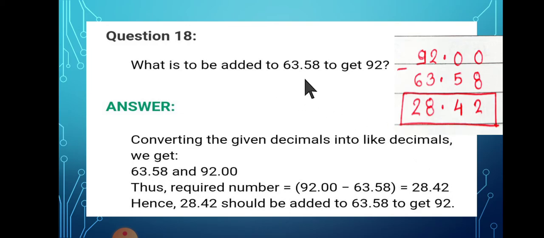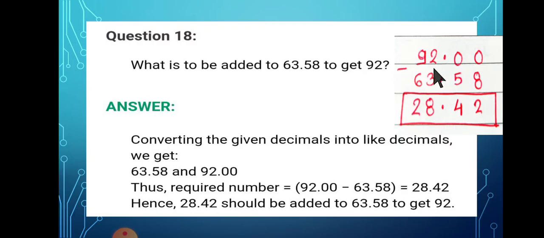This is already a decimal and this is a whole number. So first we will convert to like decimals form. Because after the decimal there are 2 digits, that's why in 92 also we will put a decimal, then after the decimal we will insert 2 zeros.